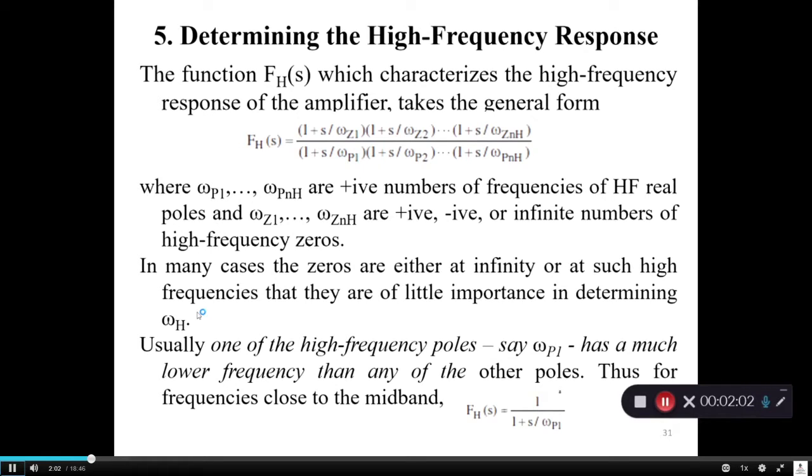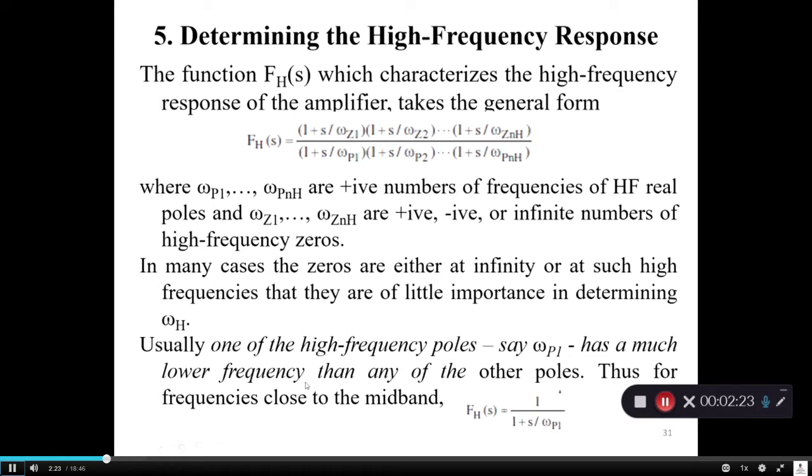From that section, I have taken this conclusion that in many cases the zeros are either at infinity or at such high frequencies that they are of little importance in determining the omega h. But usually one of the high frequency poles, say omega P1, has a much lower frequency.